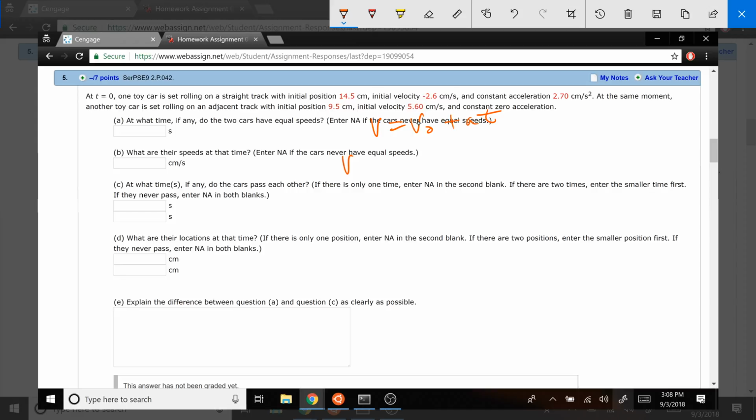So it would just be V2 naught, which doesn't change, because car 2 doesn't accelerate, equals V1 naught plus A1 times the time, and you'd solve for T. So T would equal V2 naught minus V1 naught over A1. So that was pretty much what I had there, but I didn't really think about it in depth like I needed to apparently.